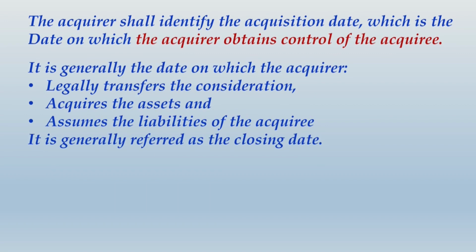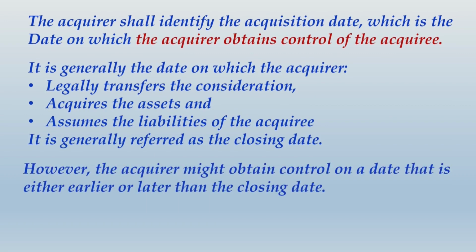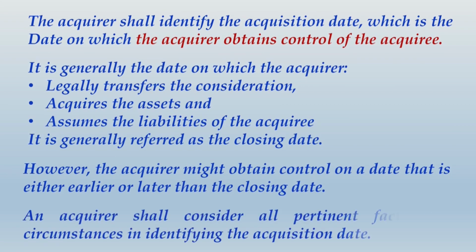It is generally referred to as the closing date. However, the acquirer might obtain control on a date that is either earlier or later than the closing date. An acquirer shall consider all pertinent facts and circumstances in identifying the acquisition date. So friends, do one thing, write up these notes quickly and then I take you ahead.